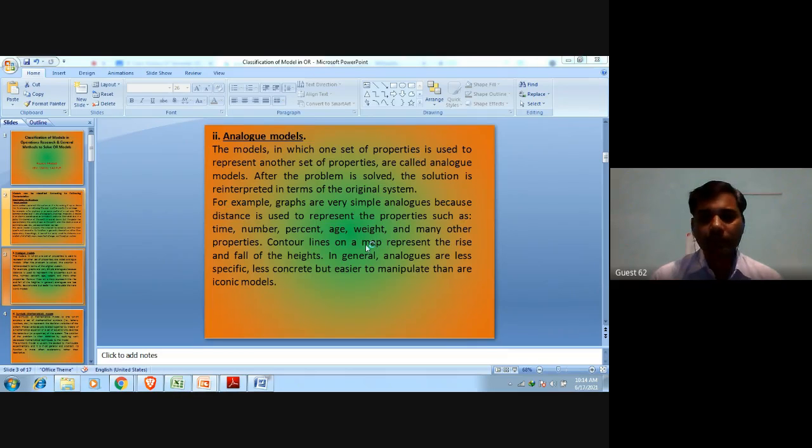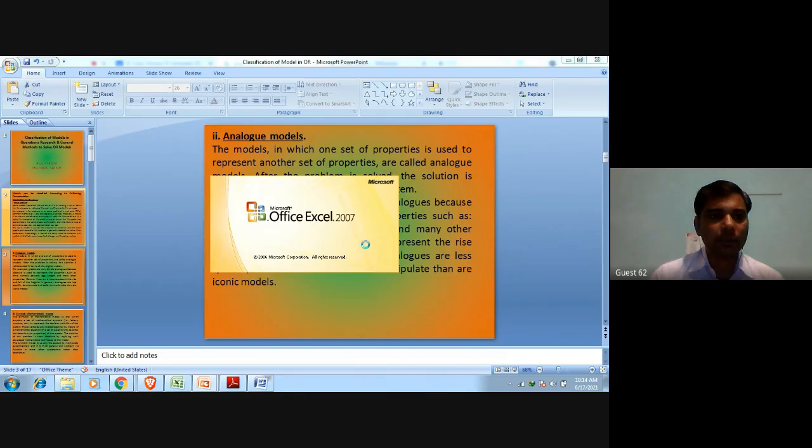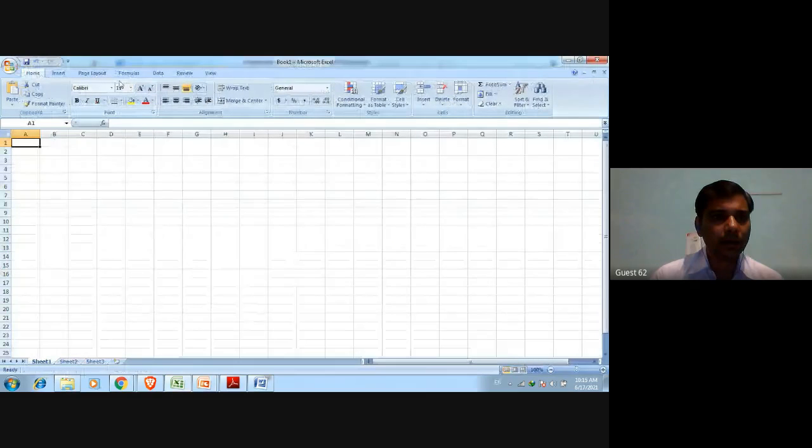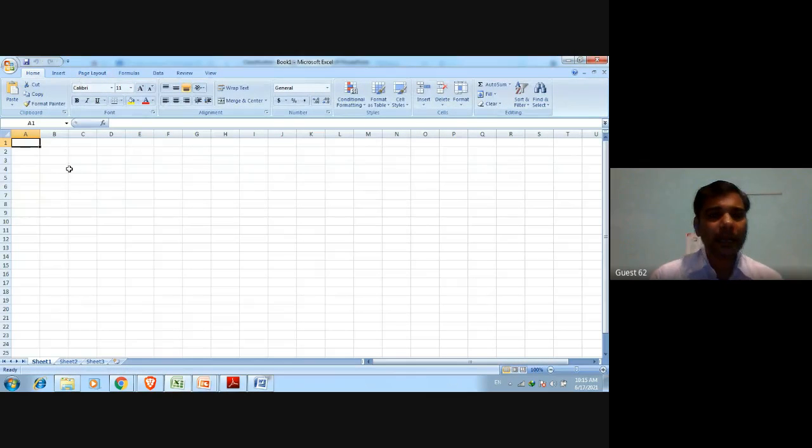I am showing you something. There is an Excel sheet and I am writing down some numbers for x: 1, 5, 3, 4.